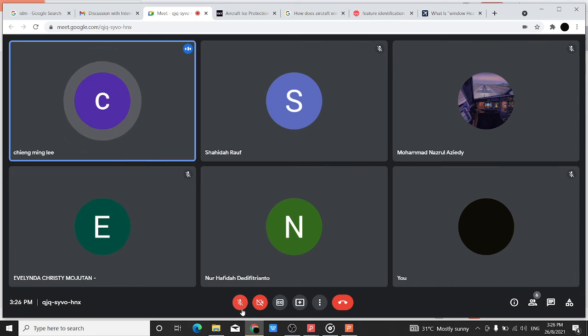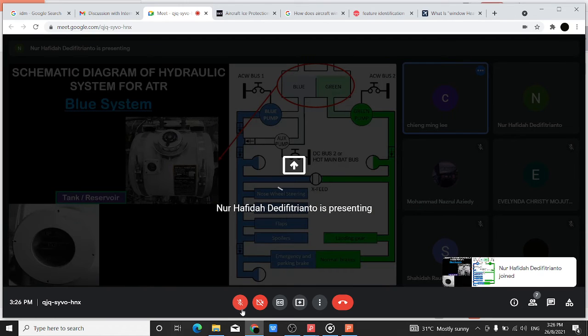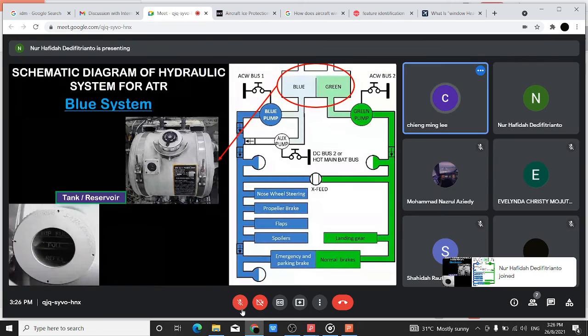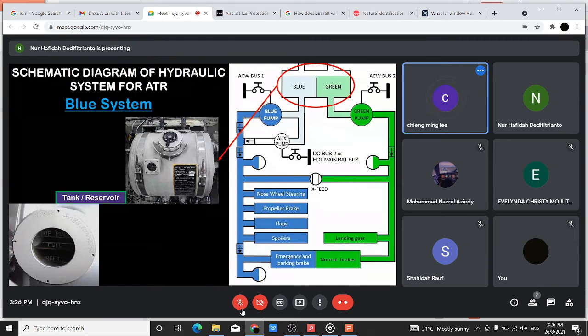So for all the aircraft, how many pumps are there? There will be a minimum of 4 pumps. You see the diagram Hafidah just put on, how many pumps are there? We have the blue pump, the green pump, and the auxiliary pump. So we have 3 pumps. So what's your question? Total failure of 3 pumps.